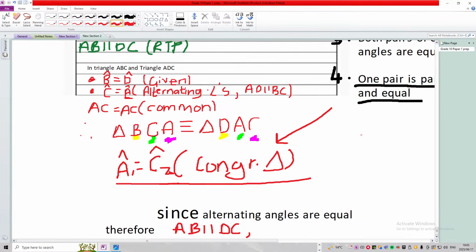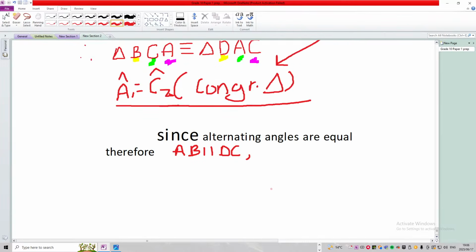By proving that the triangles were congruent, I can find that the angles were equal. Because those alternating angles are equal, I can now say vice versa that AB is parallel to DC. I'm concluding with that.